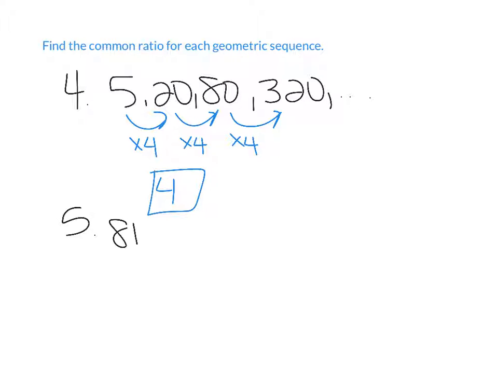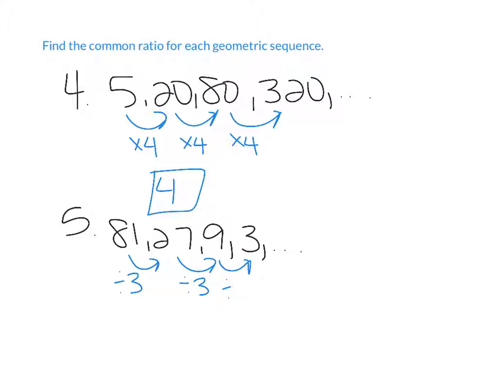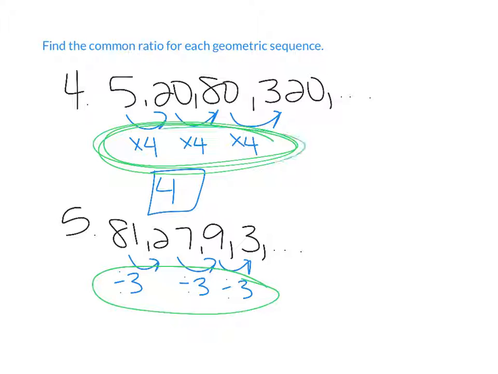Okay, number 5. What if I have 81, 27, 9, 3? Now these are the ones where you have to be careful. Because what you're probably thinking, well, to get from 81 to 27, you divide by 3. To get from 27 to 9, you divide by 3. To get from 9 to 3, you divide by 3. Which isn't wrong, but what we want to do is write it in terms of multiplication.